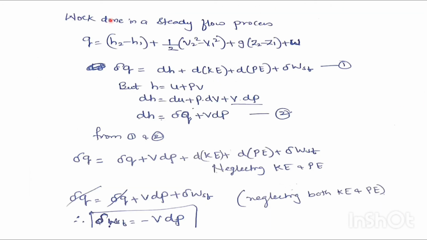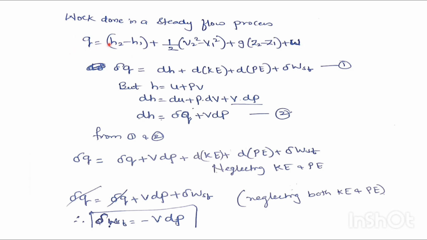Now let us write down the work done W. So here we have kept W as it is. Let us calculate the work done in a steady flow process. This is the steady flow energy equation: q equals h2 minus h1 plus 1 upon 2 (V2 square minus V1 square) plus g into (Z2 minus Z1) plus w. So let me differentiate this equation.